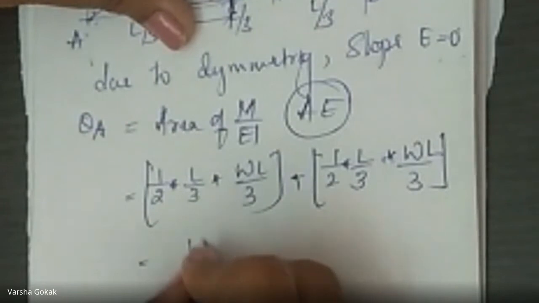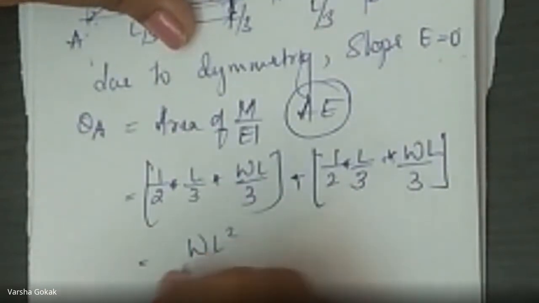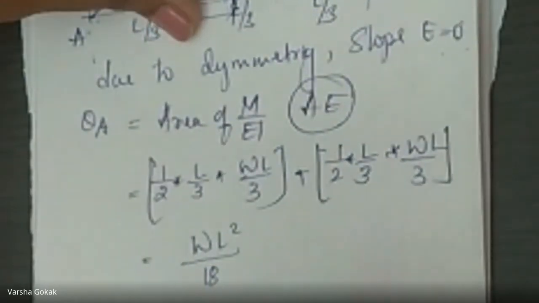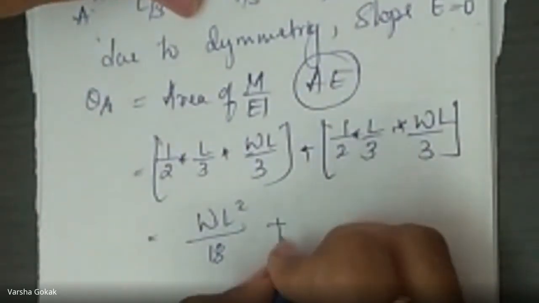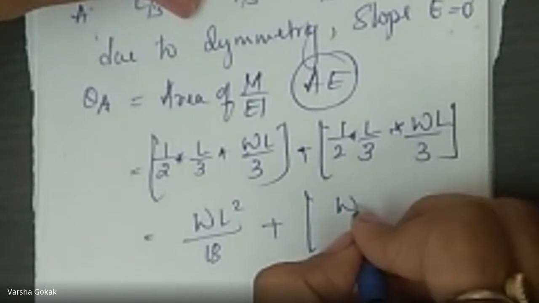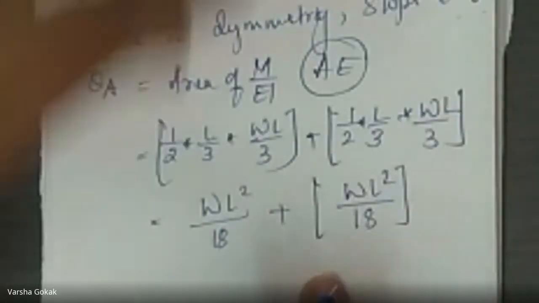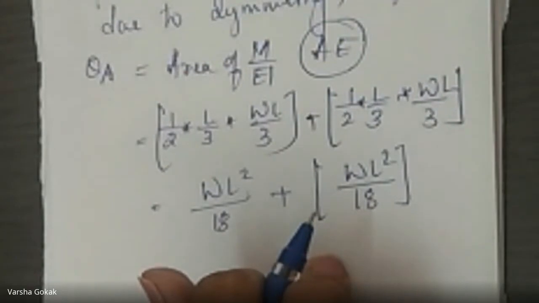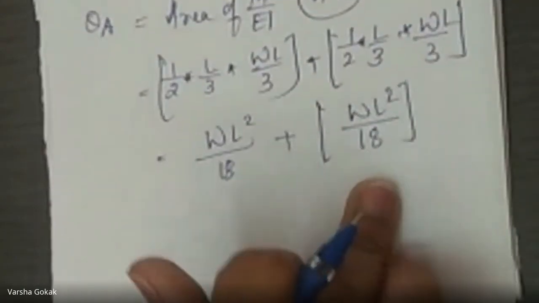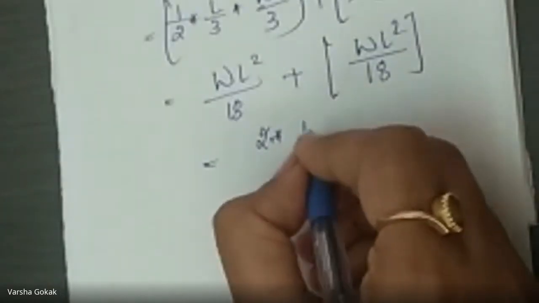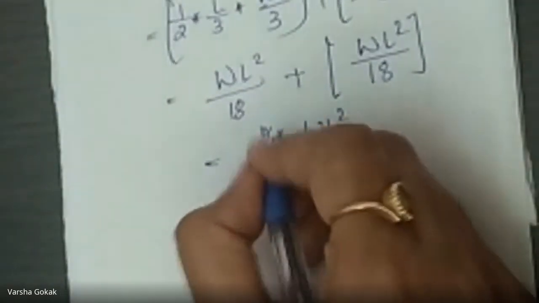Simplify. This is WL square by 18. Correct? And here plus, this is also WL square by 18. Am I right? Correct, no? So 2 times WL square by 18. So 2 times of WL square by 18, 2 goes.